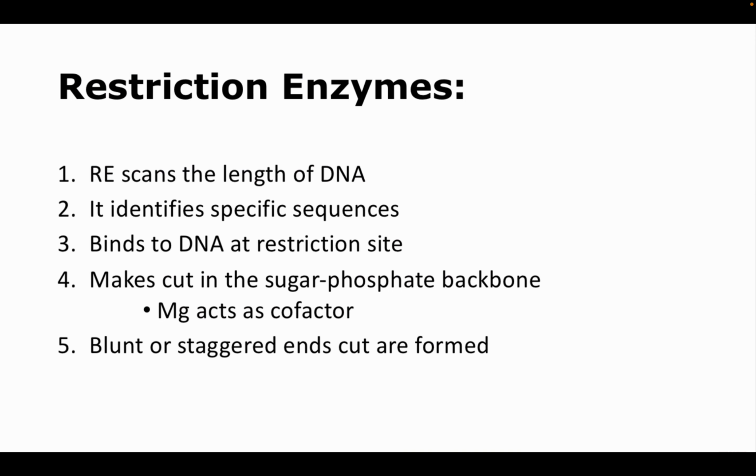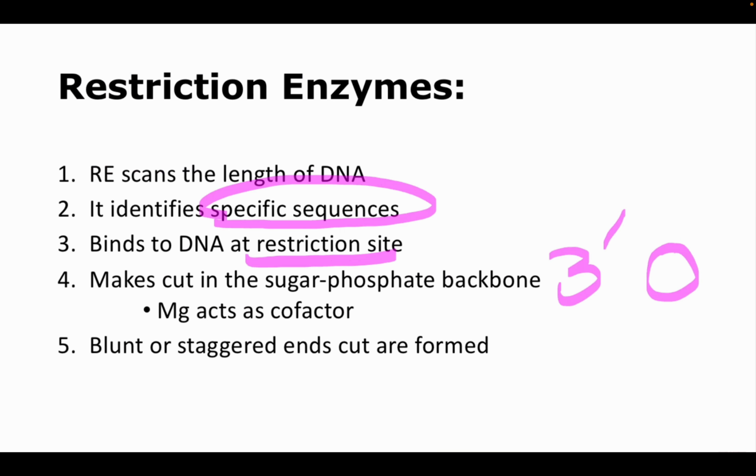Once they scan the DNA, it will identify the specific sequences. And once it identifies the specific sequence, the restriction enzyme will bind to the restriction site, and cut the 3' oxygen atom in the phosphodiester bonds in the sugar phosphate backbone, breaking the phosphate group. Since I am talking about magnesium, usually we are talking about type 1 and type 2 restriction enzymes here.